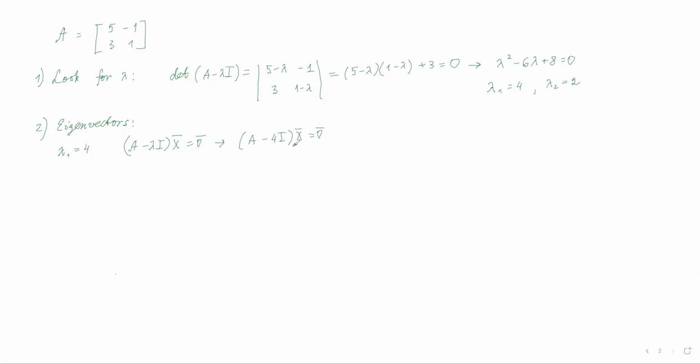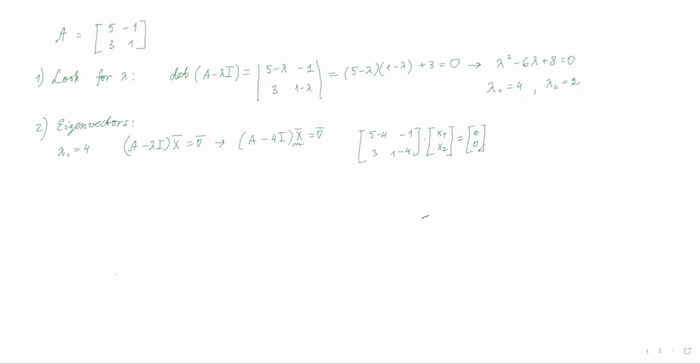And I have only one unknown, x. Well, I'm going to put this 4 into my matrix A minus lambda I, and try to solve it just like an equation. So what I'm going to have? Well, I have 5 minus 4. Here I have minus 1, right? I'm just plugging in 4 over here, and 3 and 1 minus 4. And I need to multiply it by my unknown vector x1, x2, and I'm supposed to get 0, 0 over here.